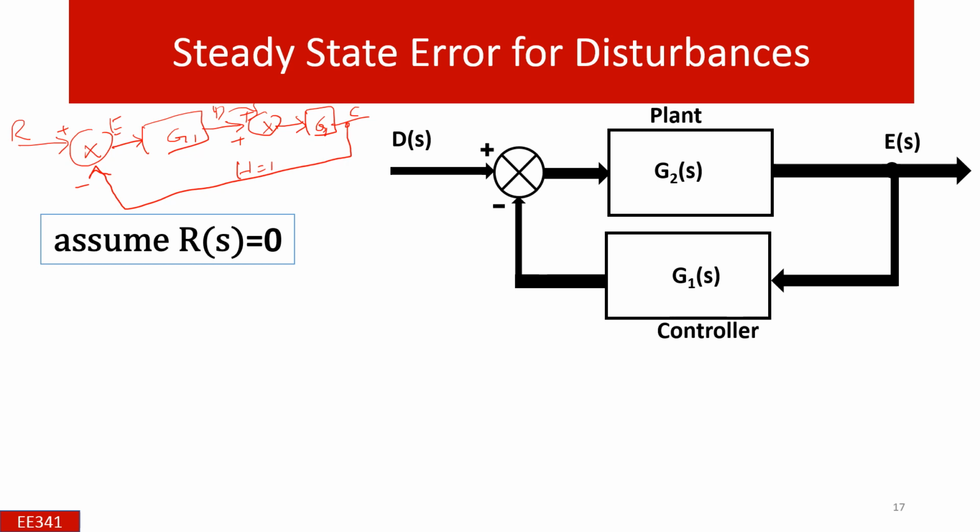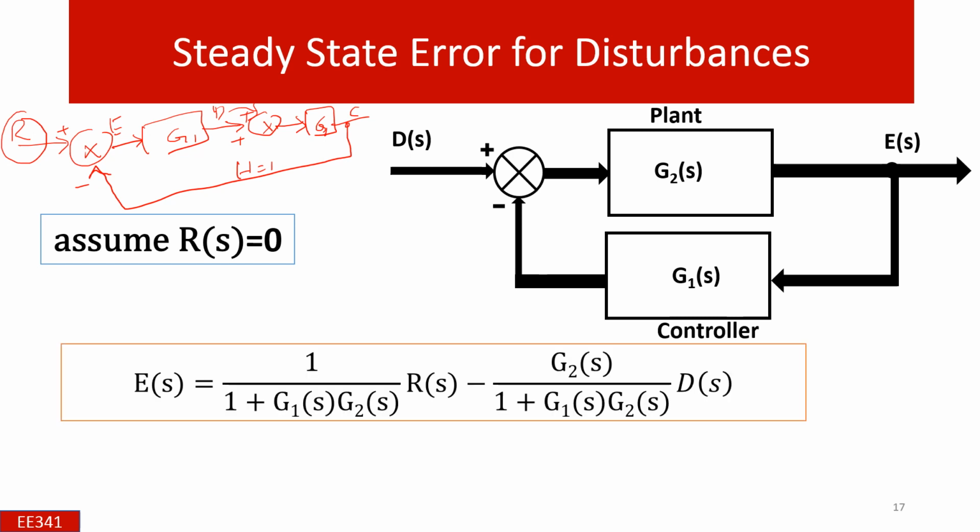Okay, if we consider this input value to be 0, if there is no input, what will happen then? Last time we found our relation is equal to this one, and in this relation, this is the error signal due to this input value, and this is the error signal due to this disturbance.